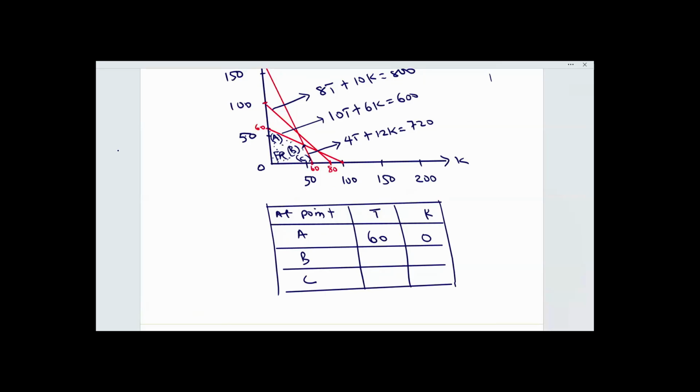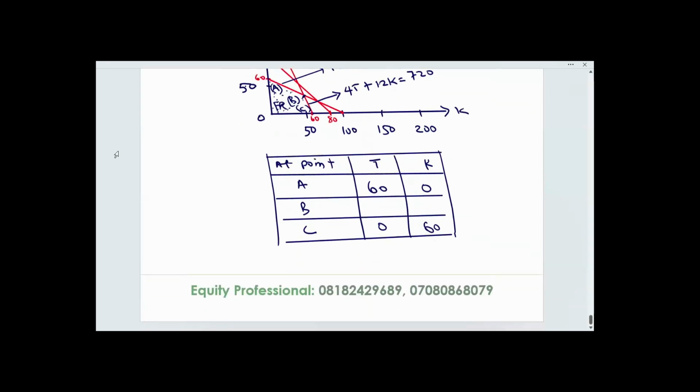At point B, you cannot get the accurate number if you are not using the graph sheet, so you keep that one on hold. Then you move to point C, where K is 60. When you trace it to the left, T will be equal to 0. So we need to get the value for T and K at point B.